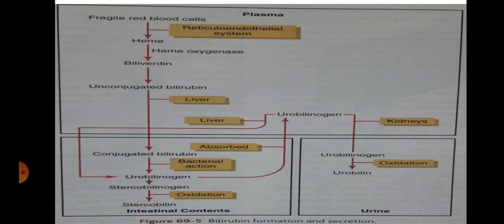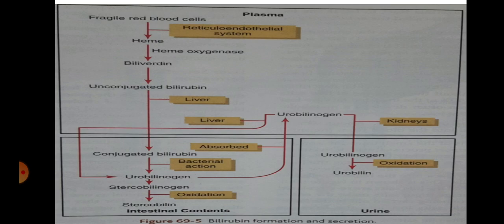Let's have a look at figure 69.5. In the plasma, what happens? Fragile red blood cells are ingested by the reticuloendothelial system. They are broken down into heme and globin. The heme, by the action of heme oxygenase, is converted into biliverdin.